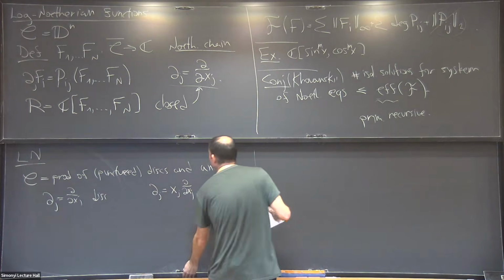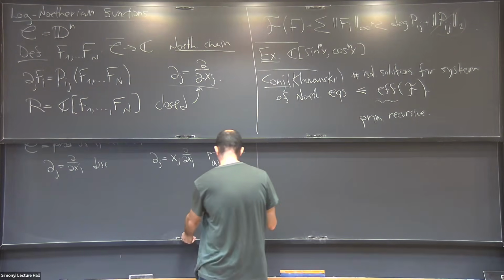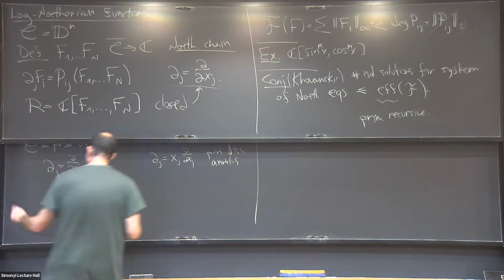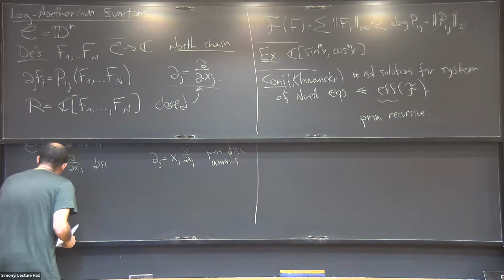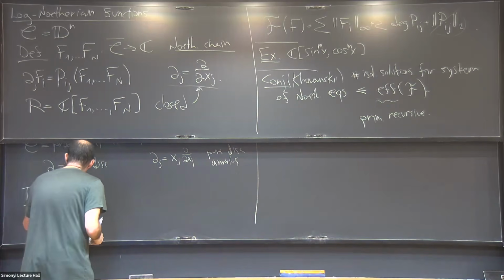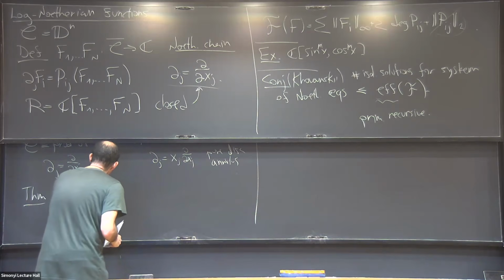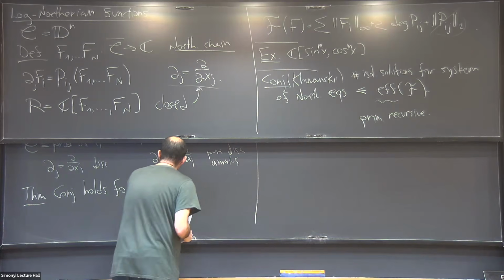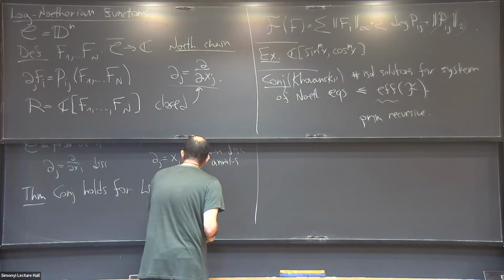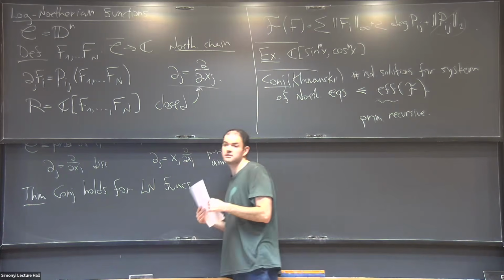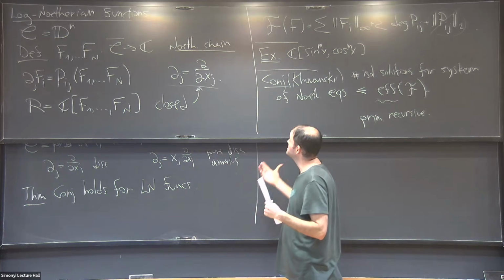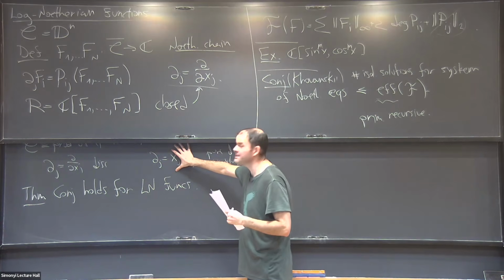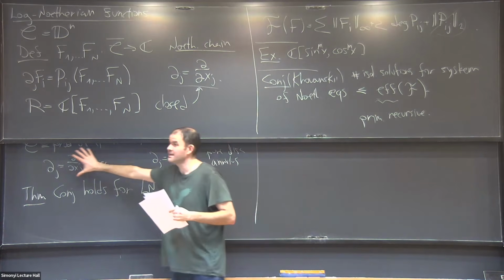Okay, so let's say what the theorems are. The theorem is that this conjecture of Khovanskii holds for LN functions. Every Noetherian function is an LN function, so it's easier to be closed under this than under this.